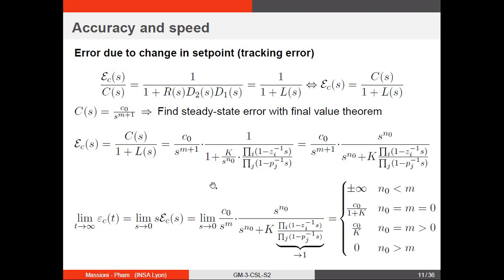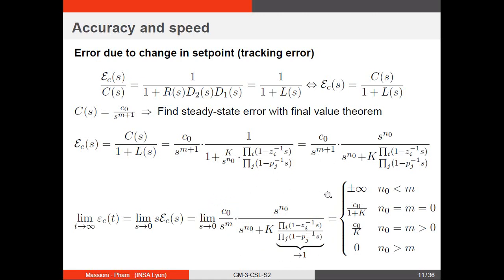So now we apply the final value theorem. The limit of epsilon of c for t going to infinity is the limit for s going to 0 of the Laplace transform of epsilon of c times s. Do not forget times s, which yields this thing over here. This s simplifies with the s here, the plus 1 disappears, and you are left with this one.